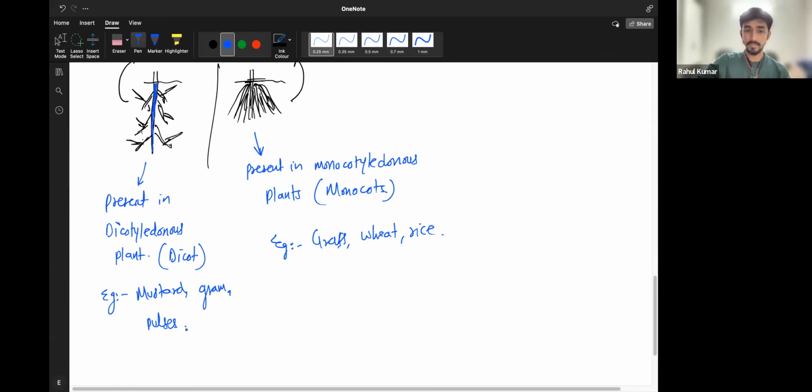Gram. Pea. Peas are also dicots, because all these seeds you can open from the center, right? They split into two. But can you split a wheat or a rice seed into two? Like you can break it into two, but does it open into two parts? Have you seen a rice seed carefully?